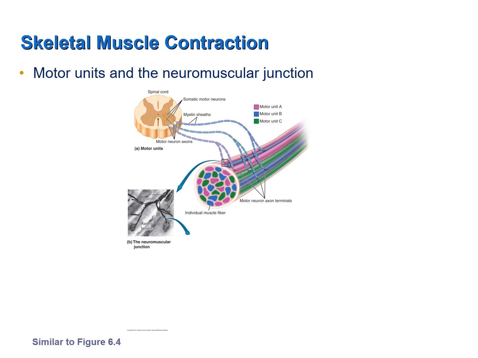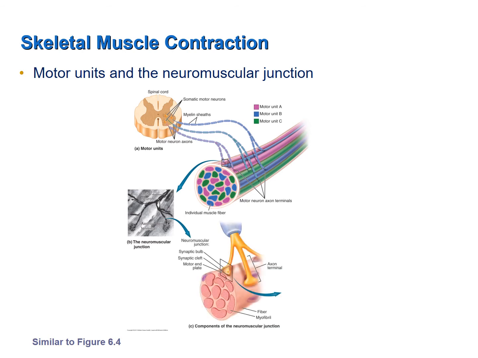If we look more in depth at a neuromuscular junction, we observe that the axon actually divides into several axon terminals. Also notice that there is an enlarged end of the axon terminals called a synaptic bulb.